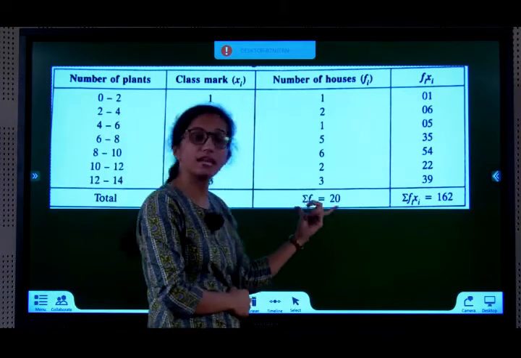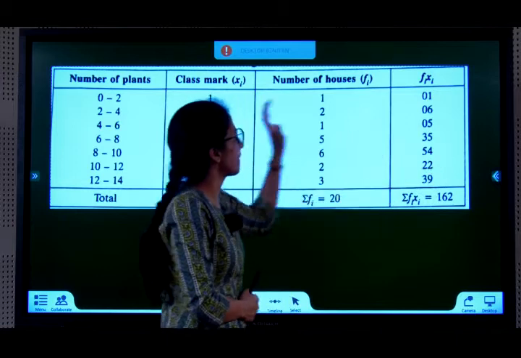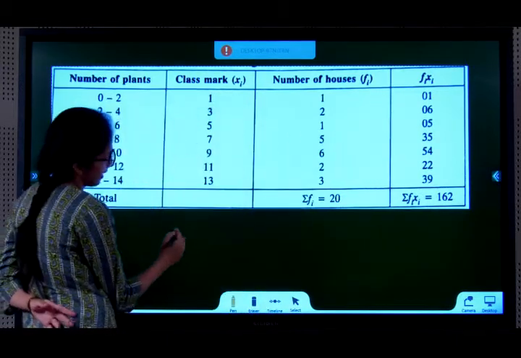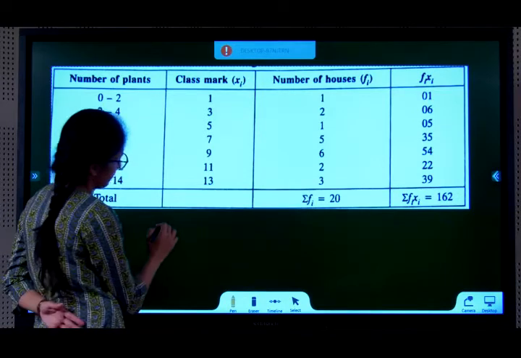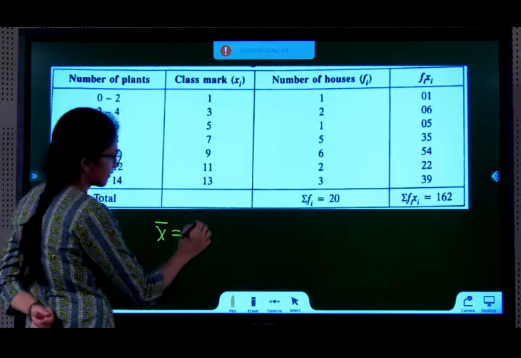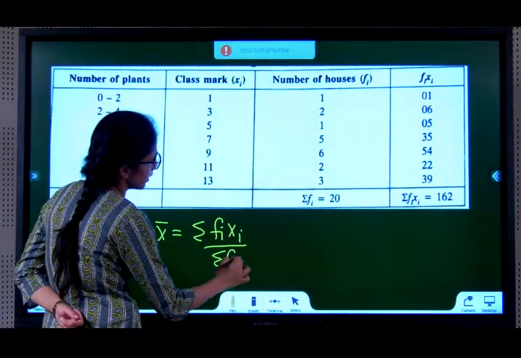If you add and see, you get 20 here, which is what was mentioned in the question. fi into xi, multiply it and then you add it. So now we apply the direct mean formula. x bar, the mean, is given as summation fi xi by summation fi.